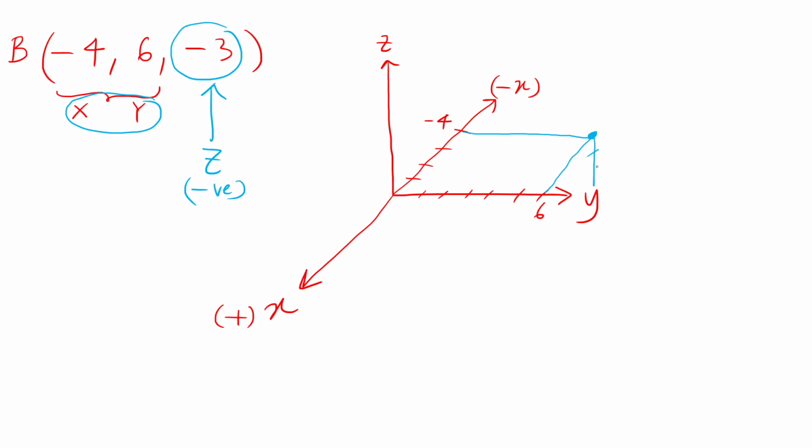So probably here 1, 2, 3. So what do you get? So this is your coordinate B, and your coordinate B is -4, 6, -3. So coordinates is very important to really understand, because one mistake and you're going to screw up the whole calculation.